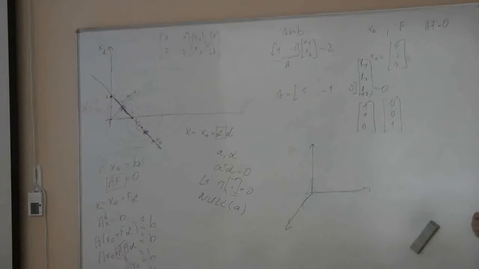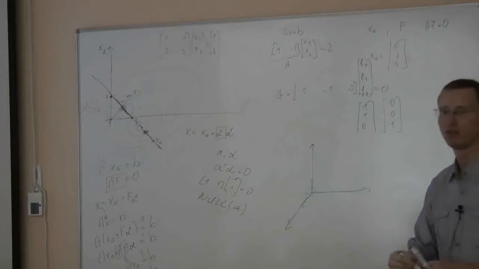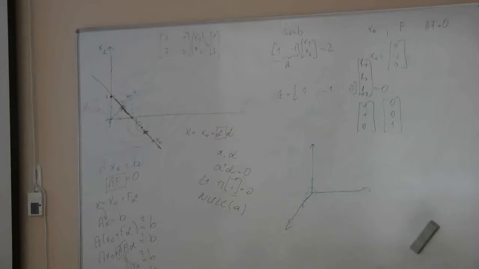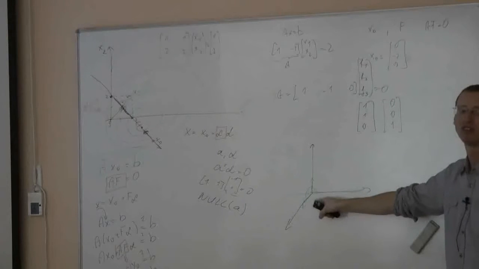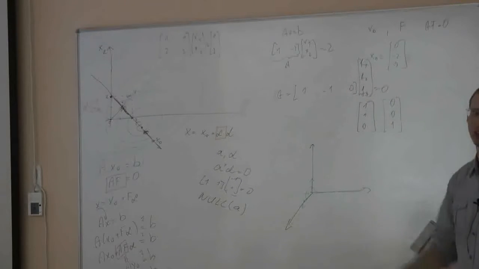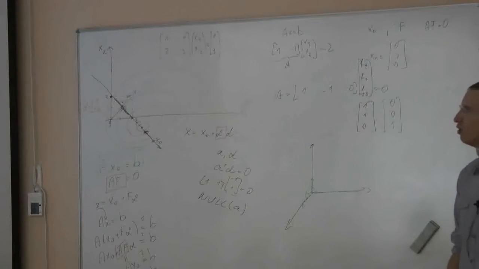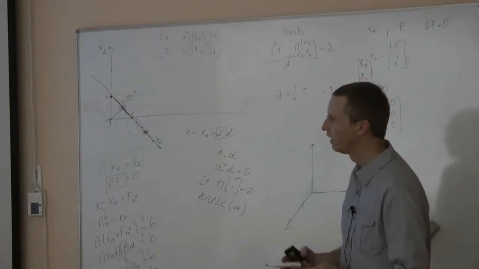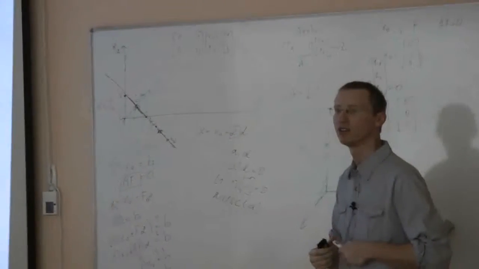So as a null space, we need to consider all linearly independent vectors which have a right angle between themselves and the vector in the constraint. That's why we have to be a little bit careful here.